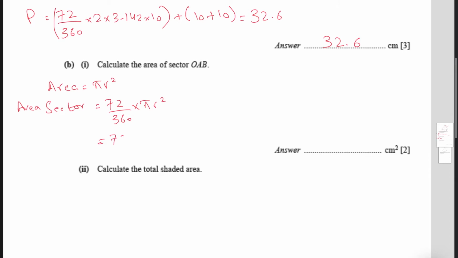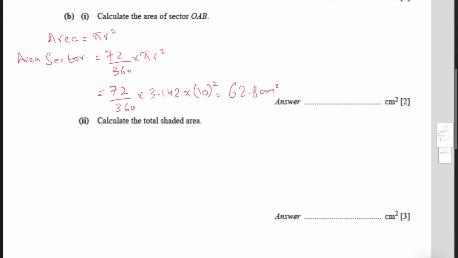Okay, let's plug in the values. You have 72 over 360 times 3.142 times 10 squared. Let's plug this into the calculator. 72 divided by 360 times 3.142 times 100, because that's the square of 10, and we end up with 62.8 centimeters squared. So we write the value over here, 62.8.